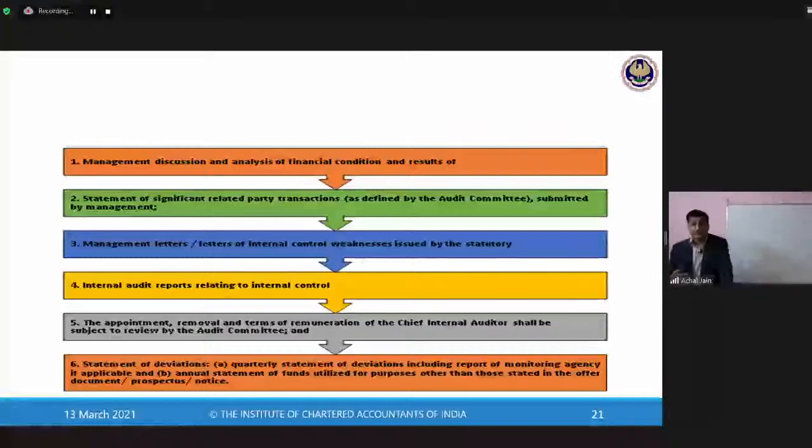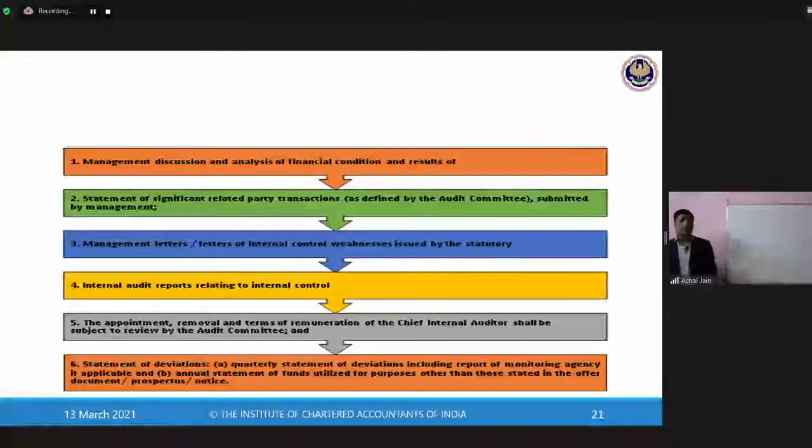Internal audit reports. Of course, this entire function is the responsibility of the audit committee, so they need to review this. Appointment, removal, and terms of remuneration of the chief internal auditor. Once again, it's the responsibility of the audit committee. Statement of deviations. Quarterly statement of deviations, including report of monitoring agency if applicable, and annual statement of funds utilized for purposes other than those which were specified in the prospectus or the offer document.